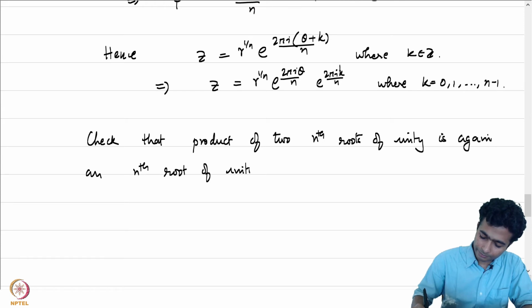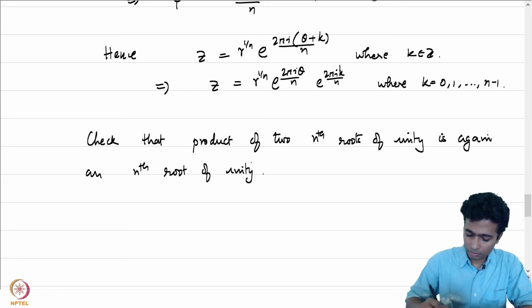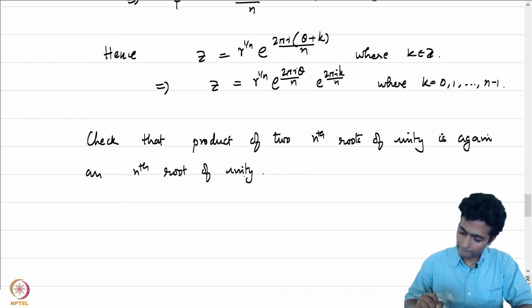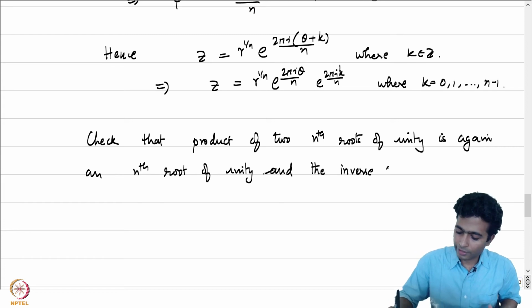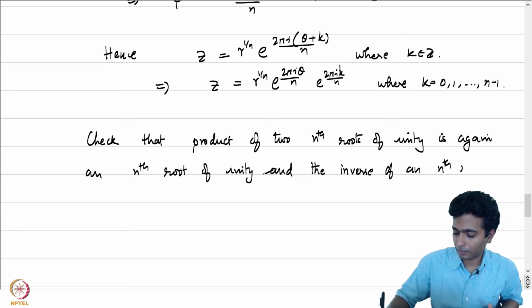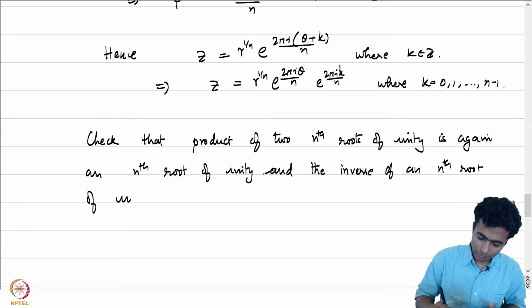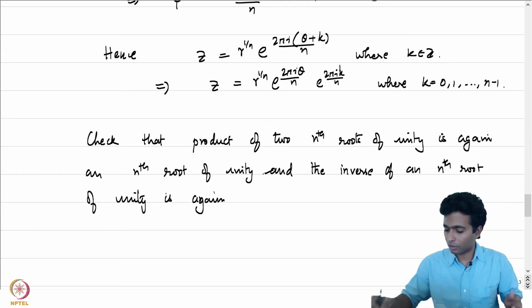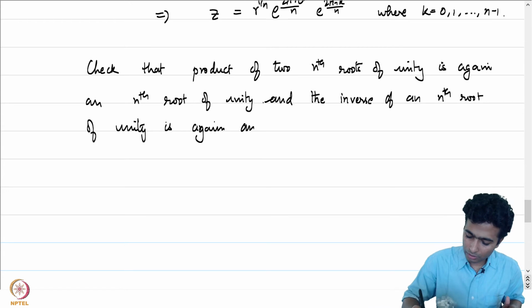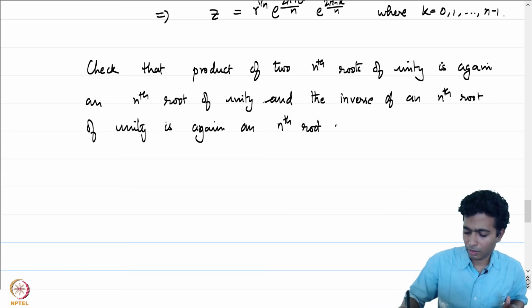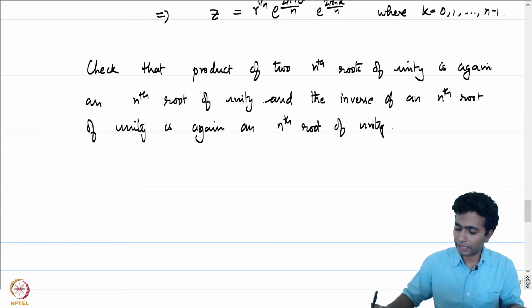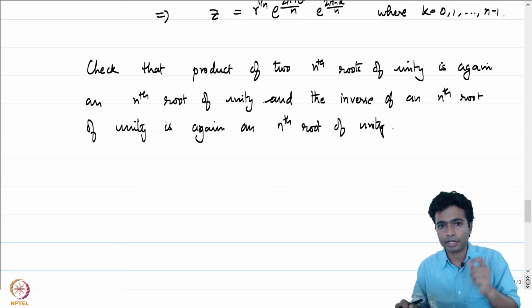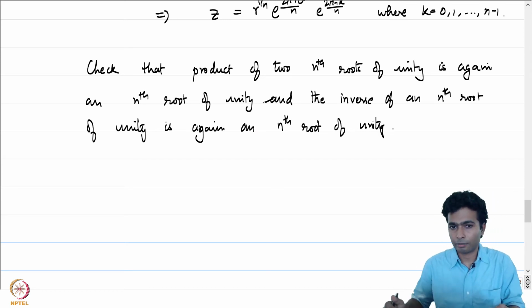So is its inverse: the inverse of an nth root of unity is again an nth root of unity. Basically, I'm just saying that the nth roots of unity form a group. By using these two facts, it's quite straightforward that any two roots of the equation z to the power n is equal to w differ by multiplication by a root of unity.